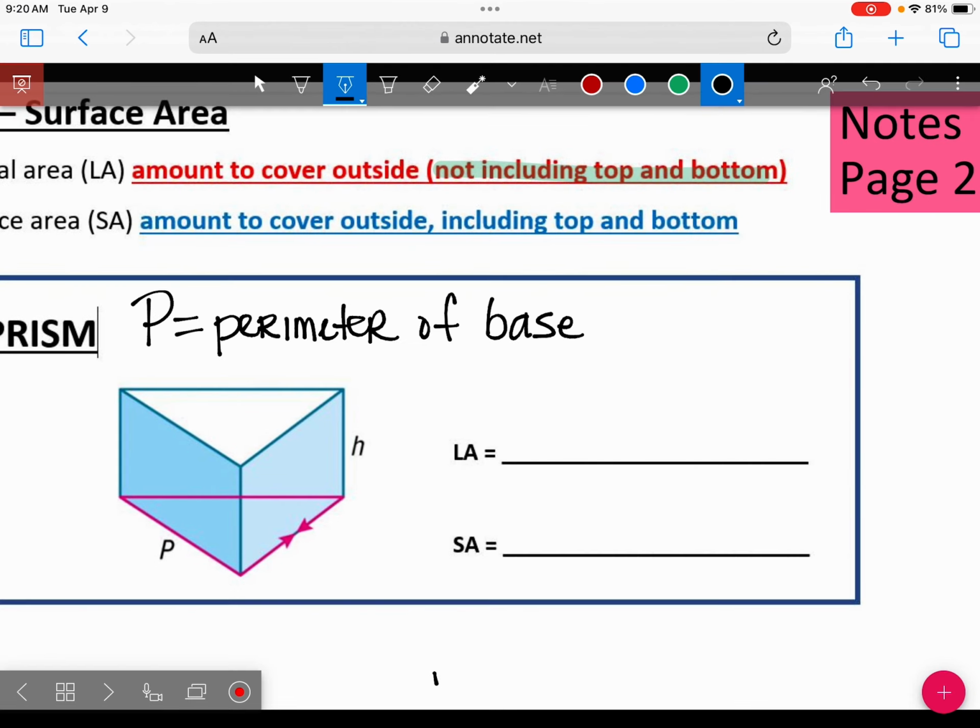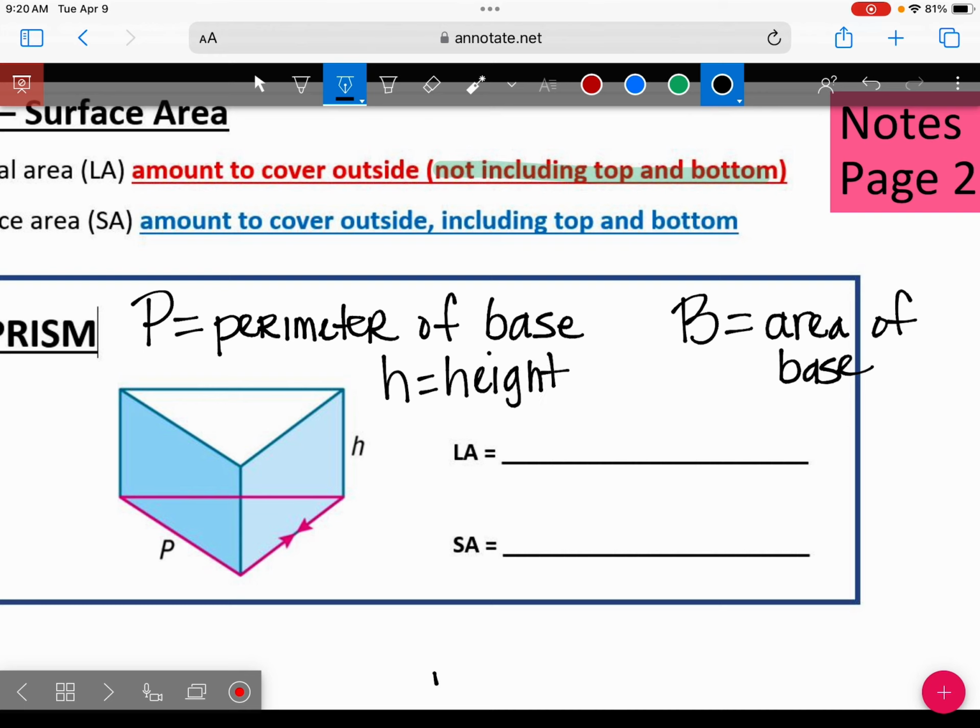And then we have a capital B. That's the area of the base. And we have H, which is the height. So I'll give you a minute to copy that down. You will be provided the formulas.